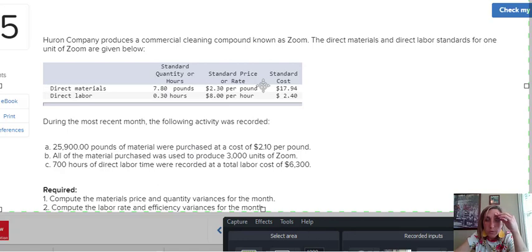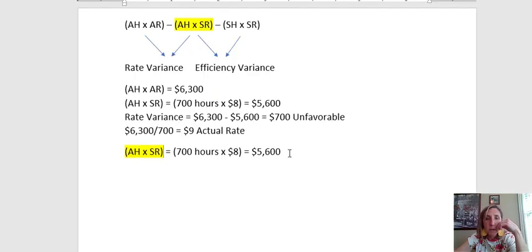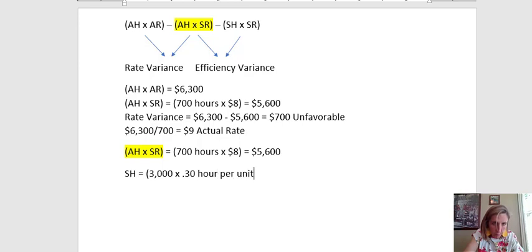So on your formula, when you're calculating the standard hours, it's going to equal the number of units you produced multiplied by the standard time it should take for 1 unit. So my standard quantity, or my standard hours in this problem, is 900 hours.